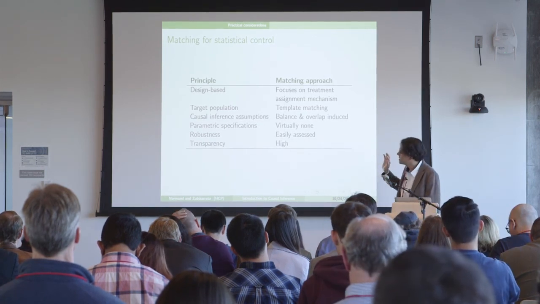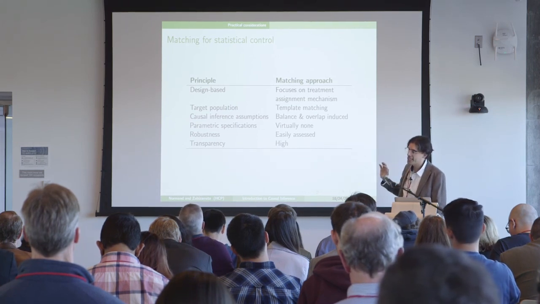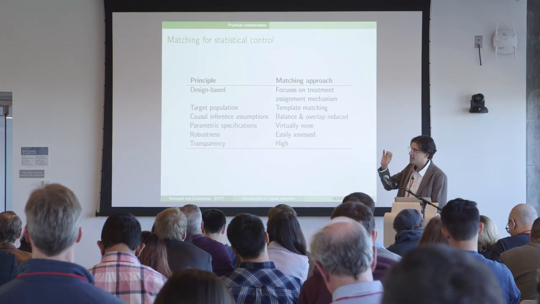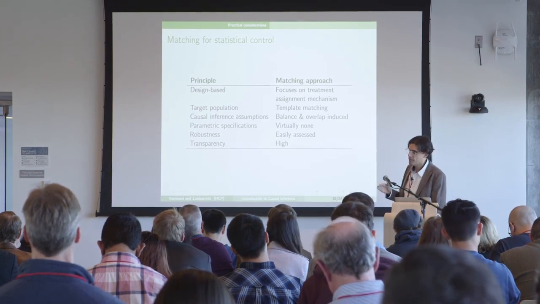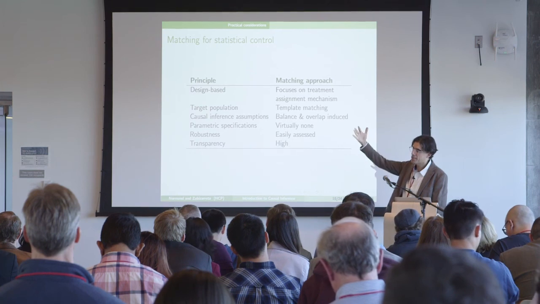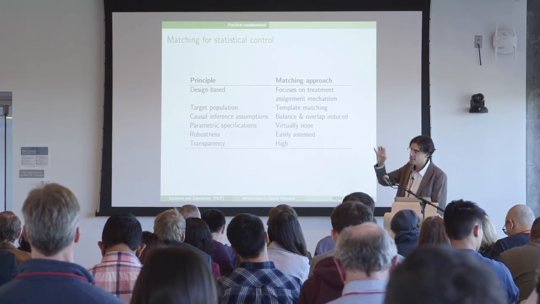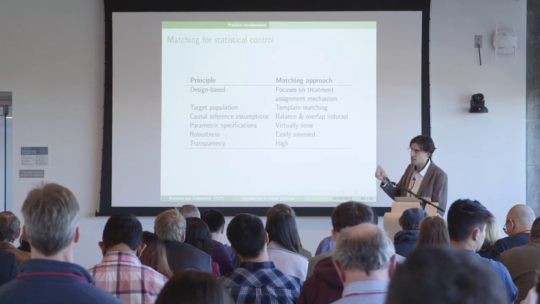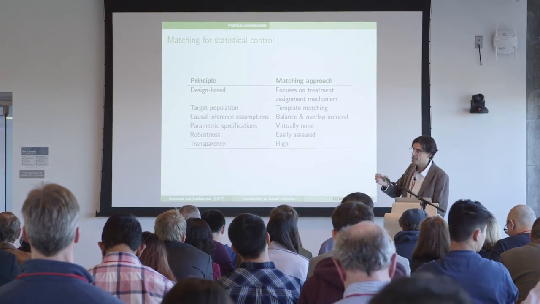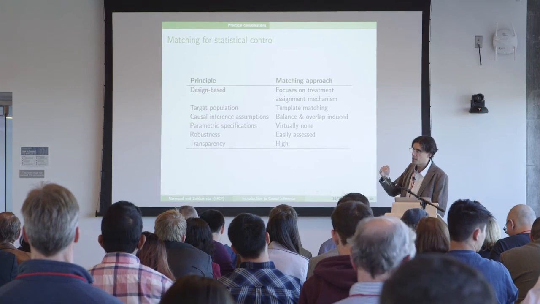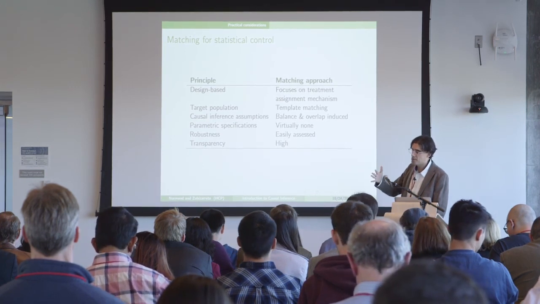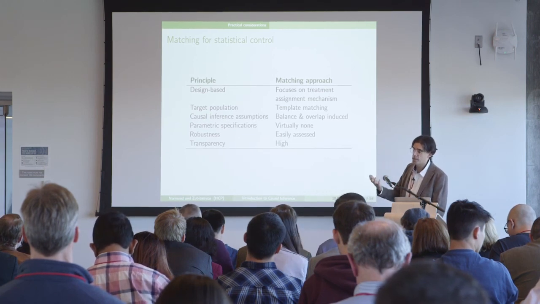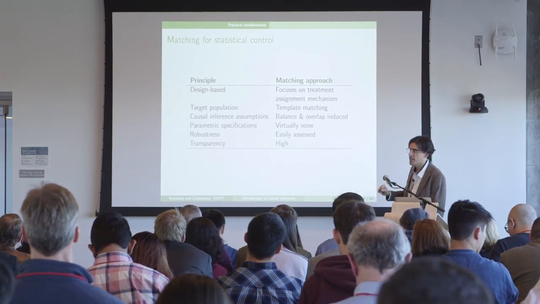The parametric specifications, it's tempting to say there are virtually none, but from the moment we are targeting certain forms of covariate balance, if we don't have a non-parametric agenda for balancing things, the justification for balancing some things and not others comes from a parametric family of models. So nearest neighbor matching in principle is non-parametric. You can also do non-parametric balancing, but if you're just balancing the means, that implies a linear model in the end. Okay?